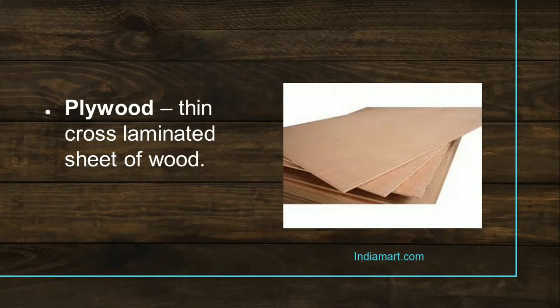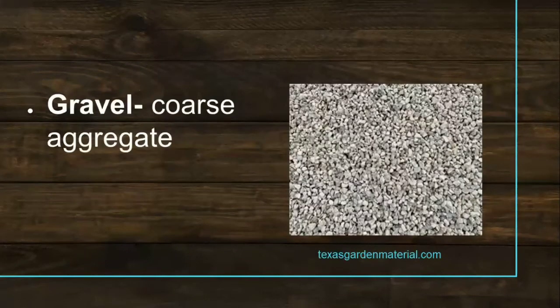Okay? Next, we have the gravel, a coarse aggregate. Along with sand, it is used for the manufacture of concrete, as well as for mixing with asphalt as a part of road construction. Would you observe this in the construction of roads?